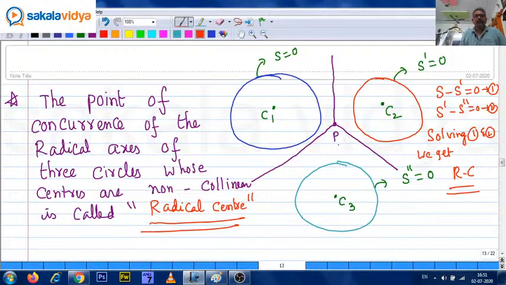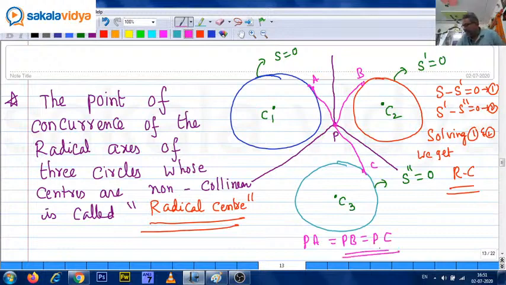So one more property of the radical center, for example P: you draw tangents to the first circle, second circle, third circle, say PA, PB and PC. Here we observe that PA is equal to PB equals PC.